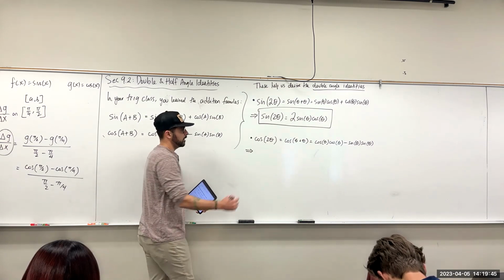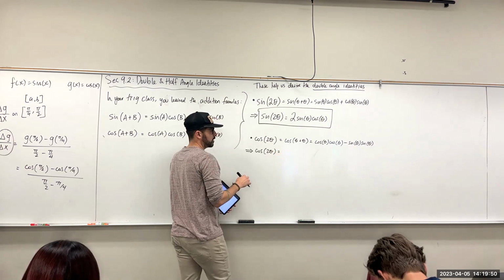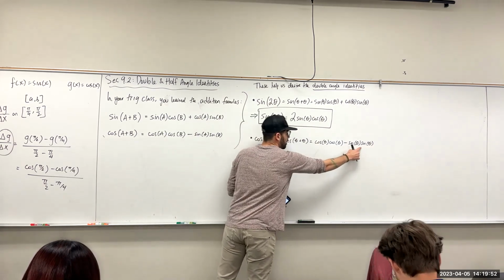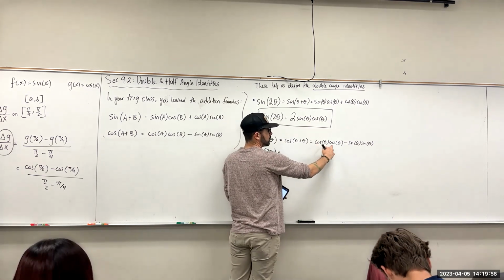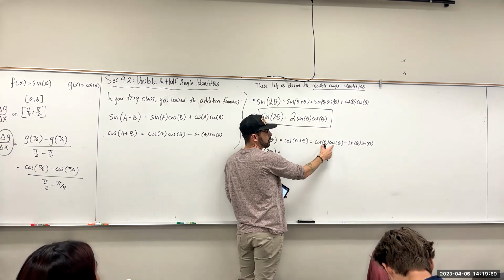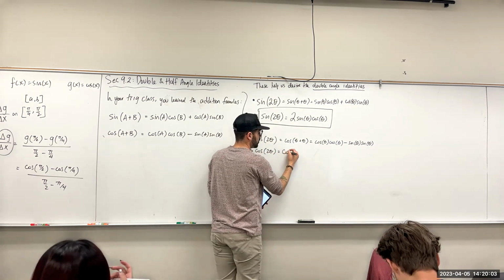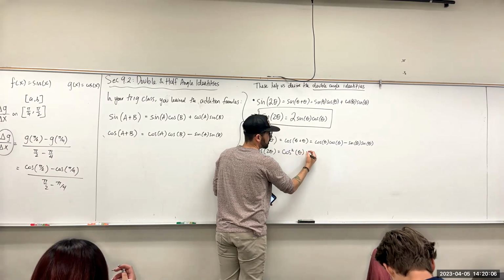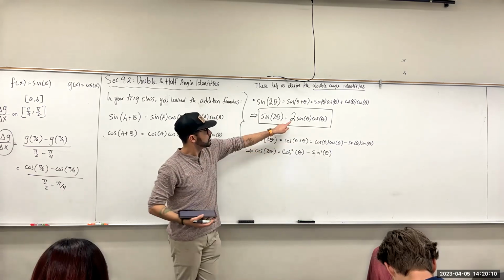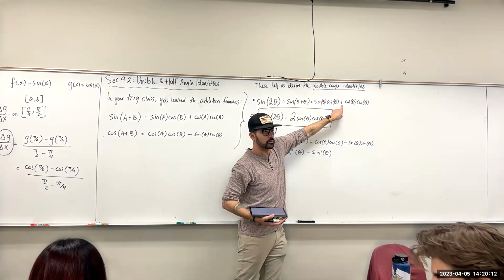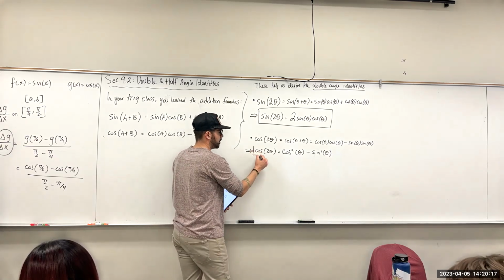And so I get that cosine 2 theta, how would you write this? Are these adding or multiplying? They're multiplying, so it's squared. It's going to be cosine squared theta minus sine squared theta. The sine one had a 2 because those were adding, not multiplying. So then I get this one.